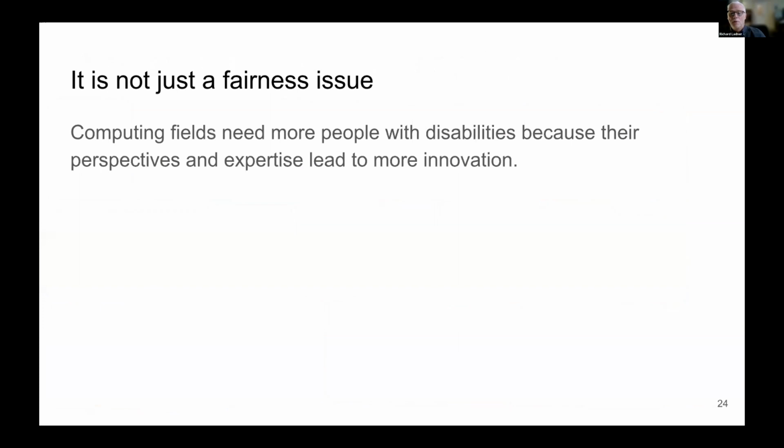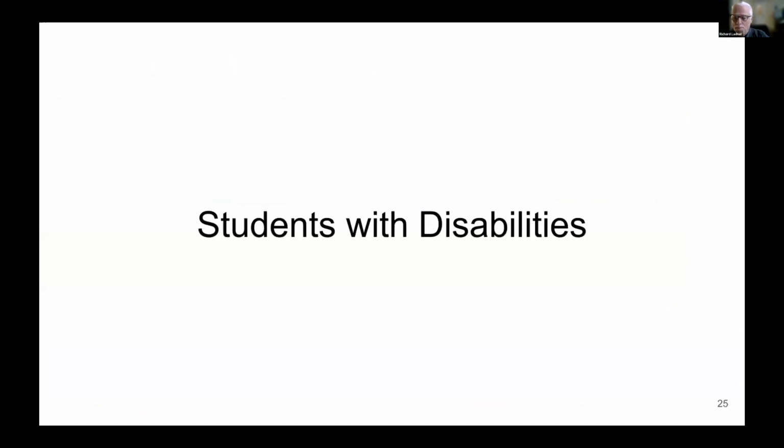So it's not just a fairness issue. Computing fields need more people with disabilities because their perspectives and expertise lead to more innovation. In fact, I'm actually writing a paper right now with a student about the contributions of people with disabilities in computing fields and technology, basically, and looking historically and also looking contemporaneously at different innovators.